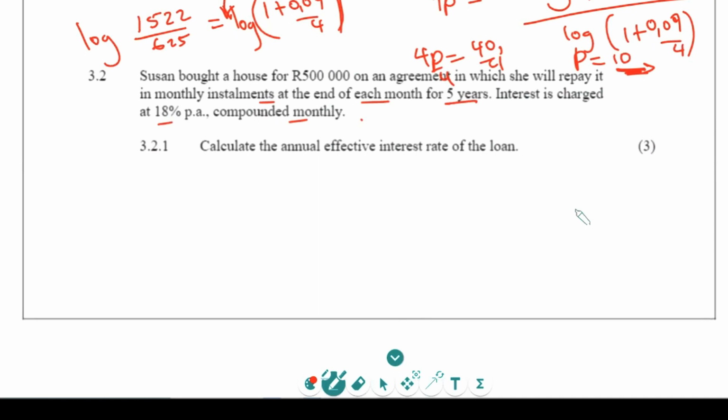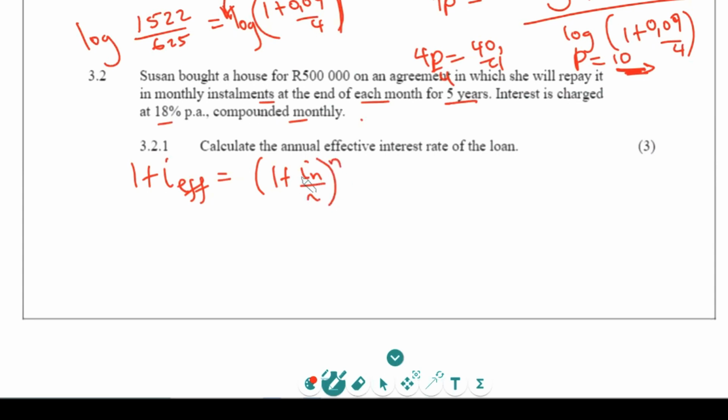These are things that were done back in grade 11. From the formula of effective rate, we know that 1 plus i effective should be equivalent to 1 plus i nominal over n, to the exponent of n.